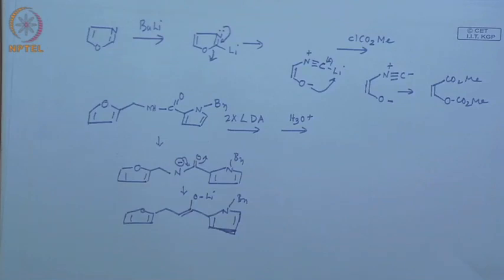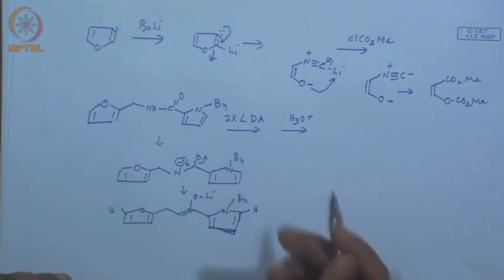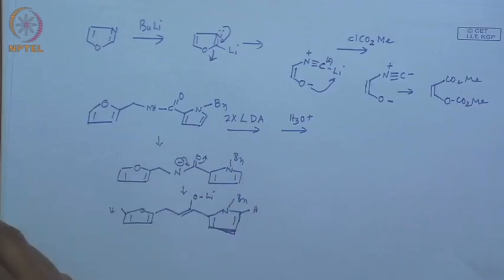Now, the second equivalent. What will happen with the second equivalent? See, there are so many hydrogens: furan, this hydrogen, pyrrole. So, what else? If you go back, there was a pyrrole case.